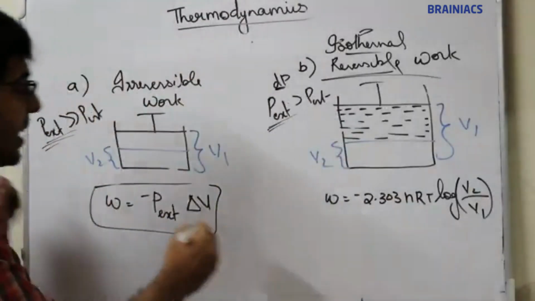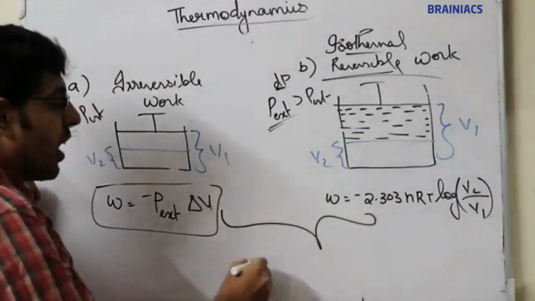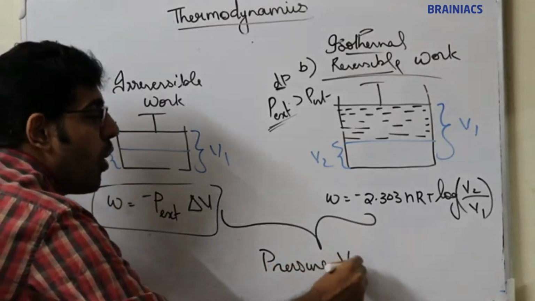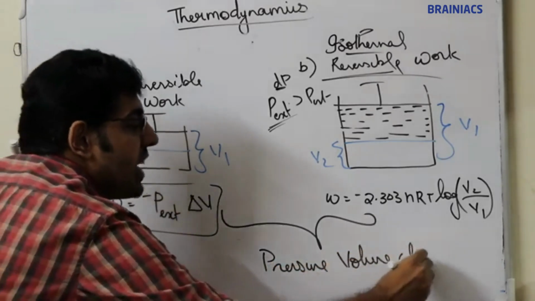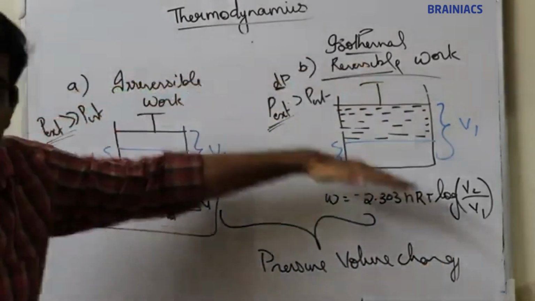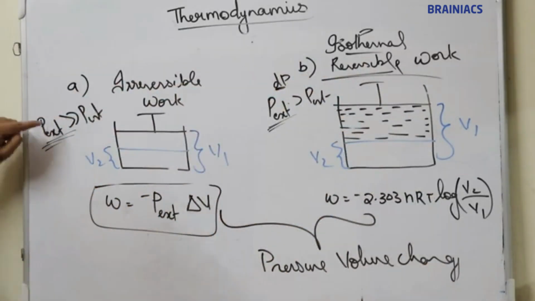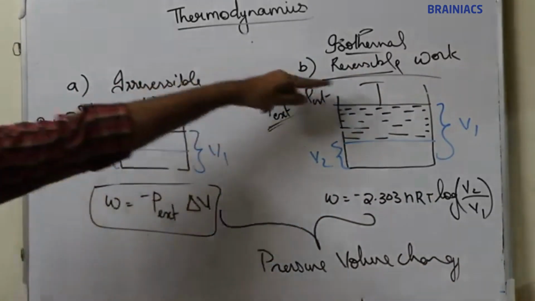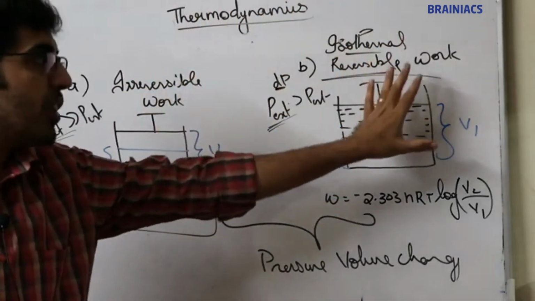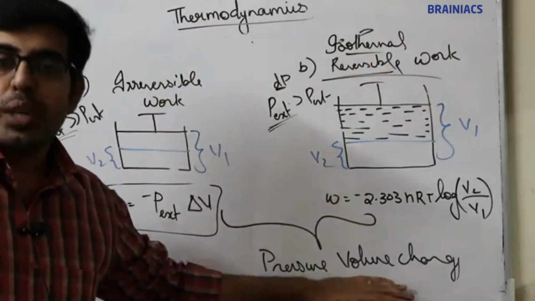So both these reversible and irreversible work are pressure volume change work. Here the work is carried out due to pressure and volume change. So both irreversible and reversible work are pressure volume change work.